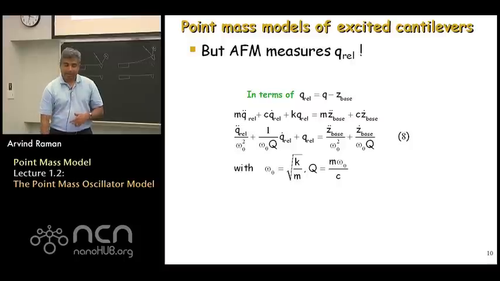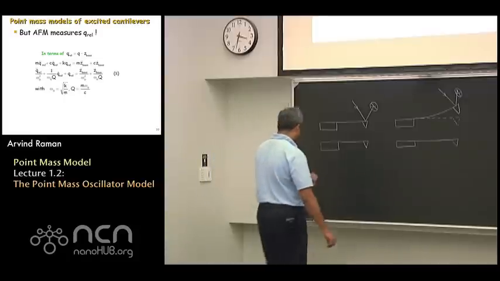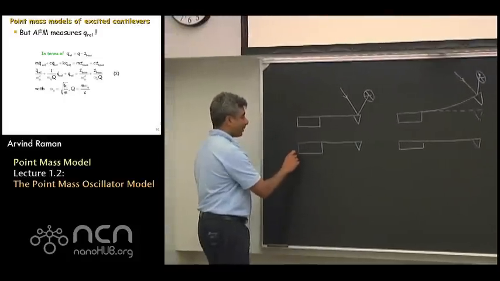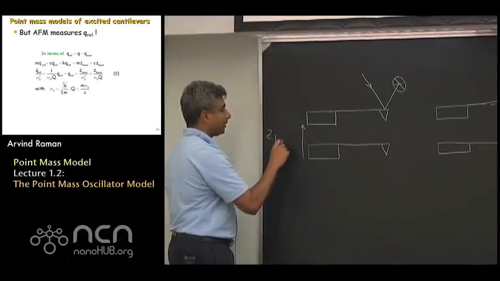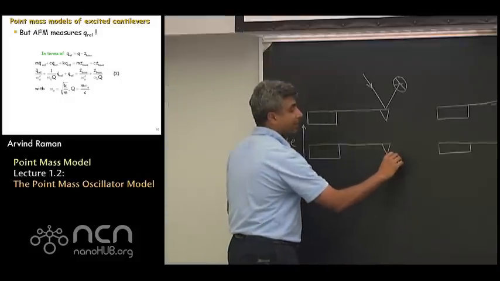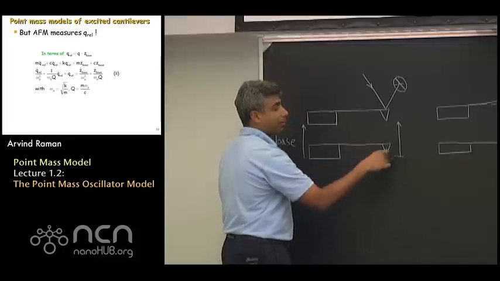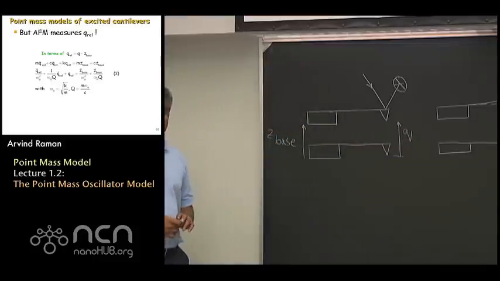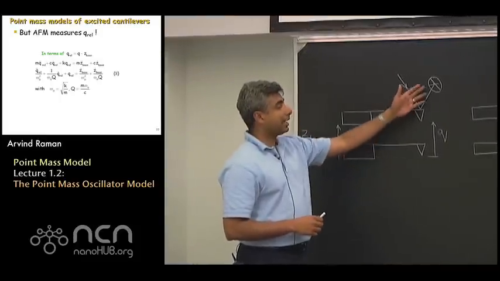To explain this, let me go to the board and try to describe this using this figure here. On the left, we have a situation where the motion of the base of the cantilever is this. Let us assume that there is no bending of the cantilever, in which case the tip would move up and down by an amount Q. However, you may recall from part 1 of the course that we measure cantilever deflection using a photodetector setup.